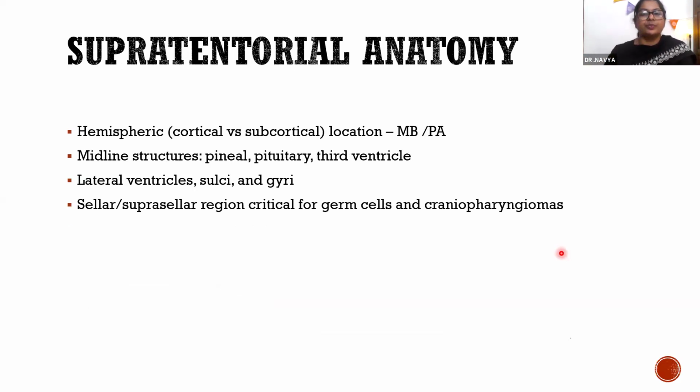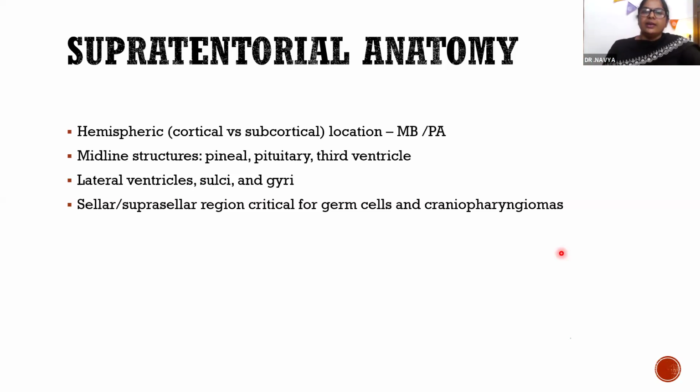Now, coming to the supratentorial anatomy. This is probably what most of you see in regular practice, where you can just pick up a hemispheric lesion. But if it is an MB or PA, without any molecular diagnosis or histopathology, you will be able to further tell, hopefully based on this presentation, whether it is an MB versus pilocytic astrocytoma.